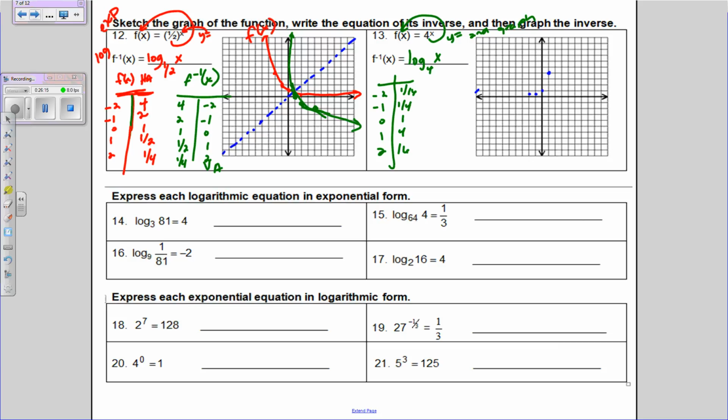So it gets big fast with this one because we're repeatedly multiplying by 4. And it's got a horizontal asymptote because it's the exponent, so don't cross the x-axis. Label it f of x. Draw in y equals x, and make sure you make it dashed because it's not part of where your ordered pairs fall. It just shows that they are inverses.